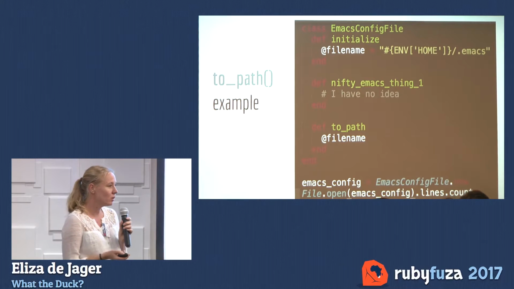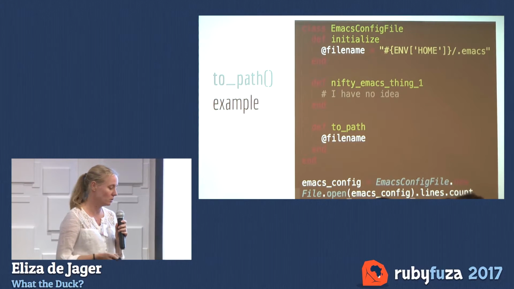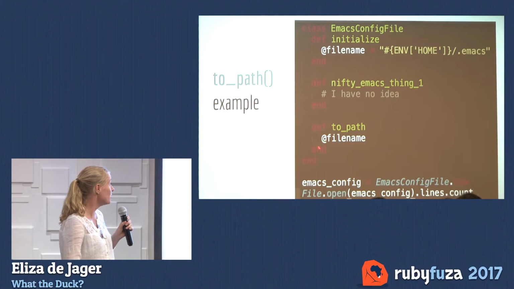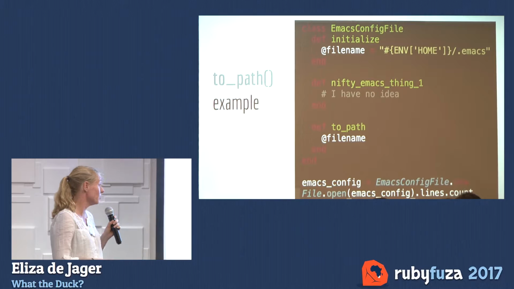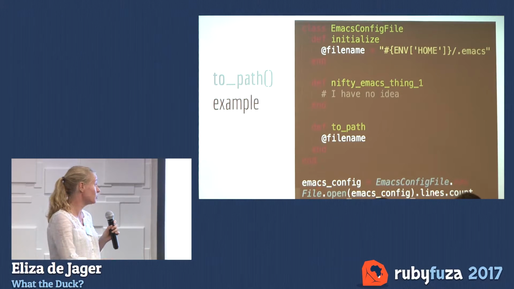And magically, file.open knows what to do, and it opens the file and gives it to you to count the lines or whatever. The reason this works is because we remembered to define toPath on this file, and file.open actually calls toPath on whatever you pass it before it tries doing anything else. And that's what makes this work.